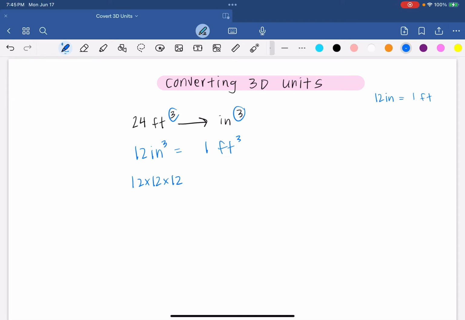So 12 cubed, which for the sake of time, I'm going to use my calculator. So 12 times 12 we know is 144, so 144 times 12 is the same as 1,728. And I'm going to put that is equivalent to 1 cubic foot, because we know that these cubic feet, 1 times 1 times 1 stays the same.